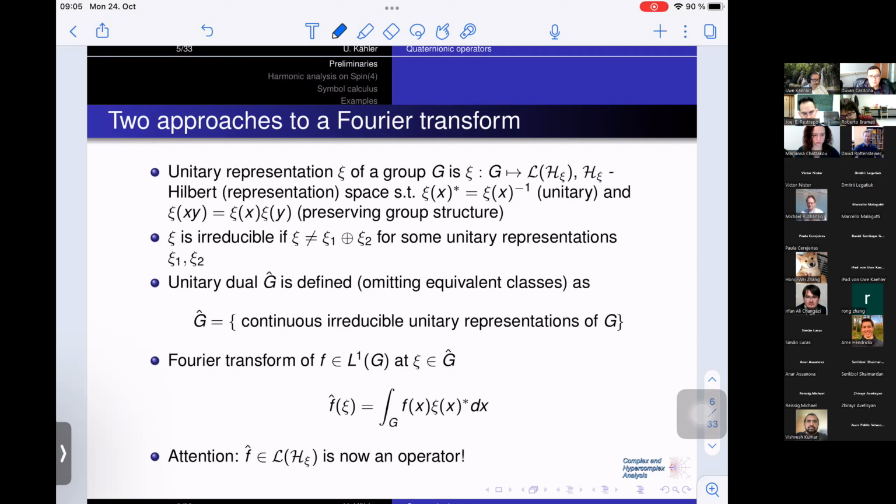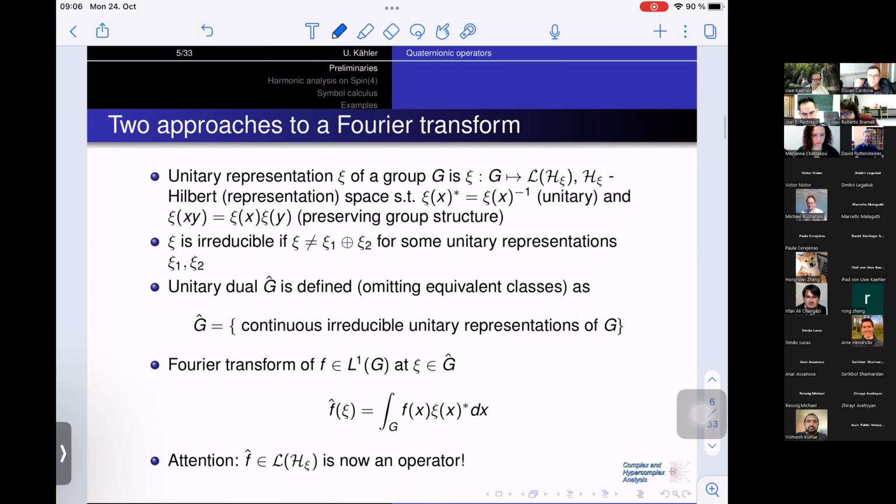If you take the equivalence classes, we can say that the unitary dual is the set of continuous irreducible unitary representations of G. Attention: in general, that is not a group. In the case of abelian groups, of course, you will get a group, but in general, it will not be a group. And the Fourier transform is then defined in that way.